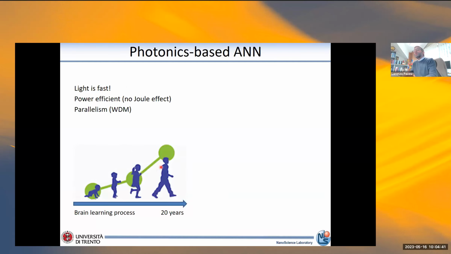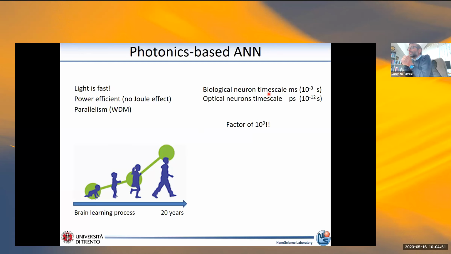Typically, we already saw that in order to learn, a human being takes in the order of 20 years. But now, if we compare the typical switching time of a biological neuron, which is of the order of the millisecond, with a typical switching time of photonic neurons, which is in the order of the picosecond, we see that we have 9 orders of magnitude between those two time scales.